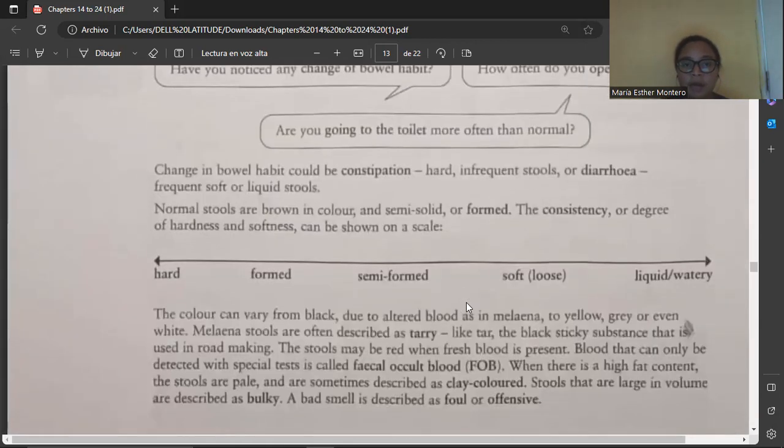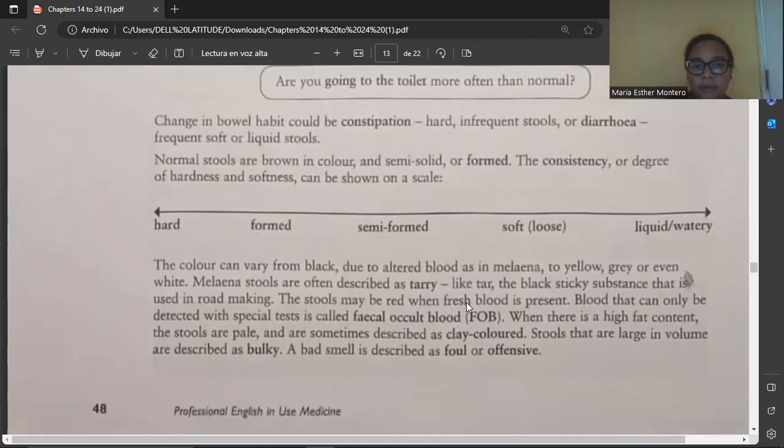Change in bowel habit could be constipation, hard infrequent stools, or diarrhea, frequent soft or liquid stools. Normal stools are brown in color and semi-solid or formed. The consistency, or degree of hardness and softness, can be shown on a scale: hard, formed, semi-formed, soft or loose, liquid or watery.